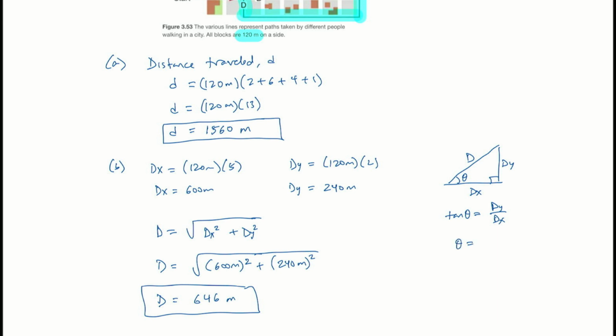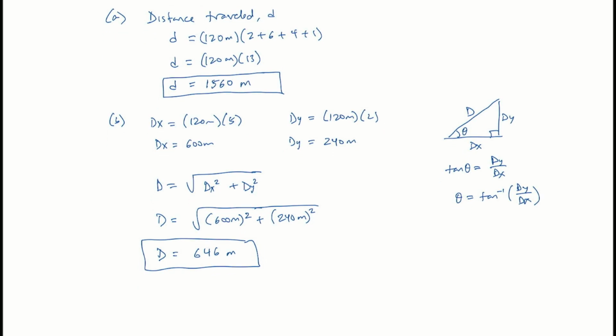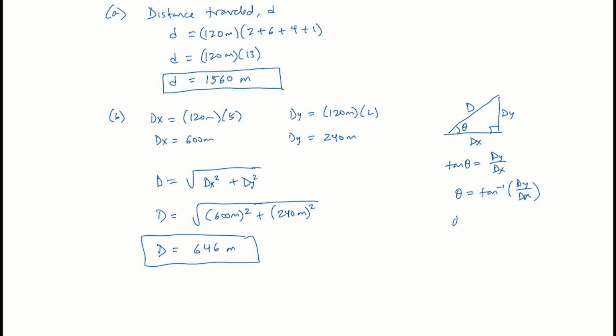We get theta is the tan inverse of the y component over the x component. Okay, and so theta is the tan inverse of 240 meters over 600 meters. The units cancel, and we find theta is 21.8 degrees.